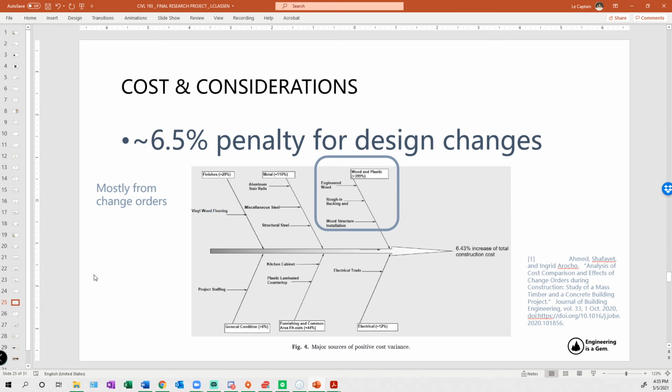But if you switch horses midstream, or if somebody discovers an unforeseen existing condition and you have to change the design, there could be a massive penalty in terms of budget. It's like a 6.5% increase, as stated in this research article. And this mostly stems from change orders related to the design as requested by consultants. They don't say which ones, though, so who knows.